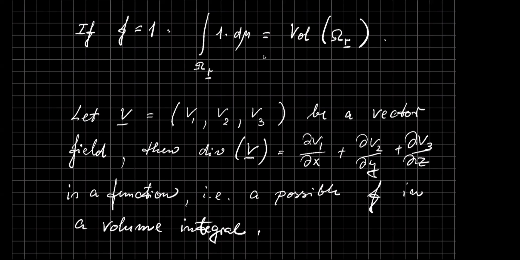So if we compute the divergence of a vector field, and then we can take the volume integral of this divergence, then what do we get?